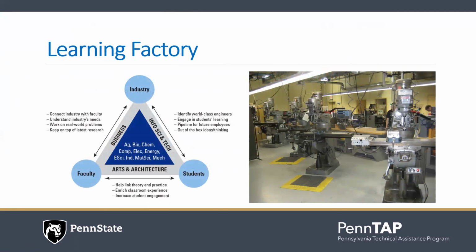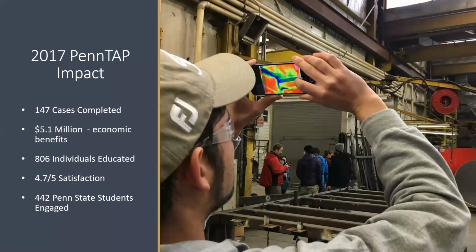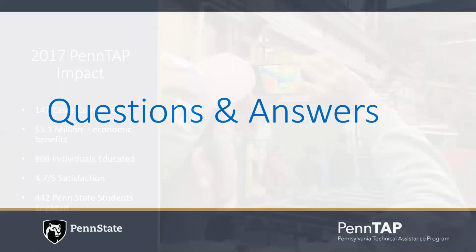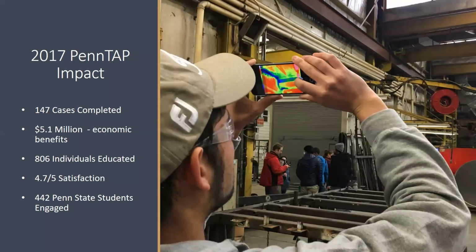And then there's a different project, where we have one Learning Factory group working with a client that's building their greenhouse gas carbon footprint at the moment and working towards a sustainability report for that company. So you can have a wide range of projects occurring. In 2017, PennTAP had 147 cases with $5.1 million in economic benefit, and we engaged 442 students.